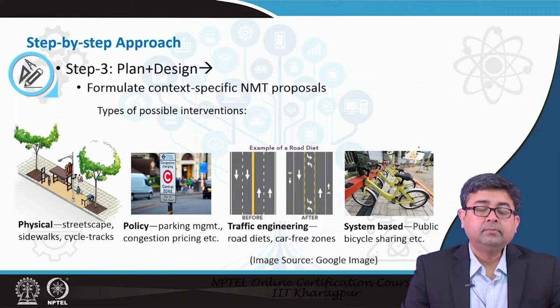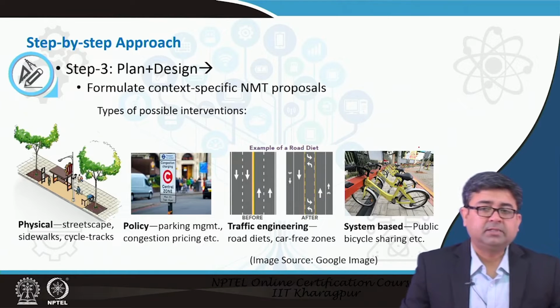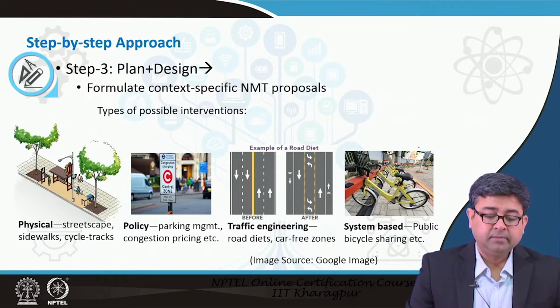Maybe you will provide a good at grade solution, such as a good zebra crossing along with a signalized intersection. So, that is what I usually mean when I say context specific.